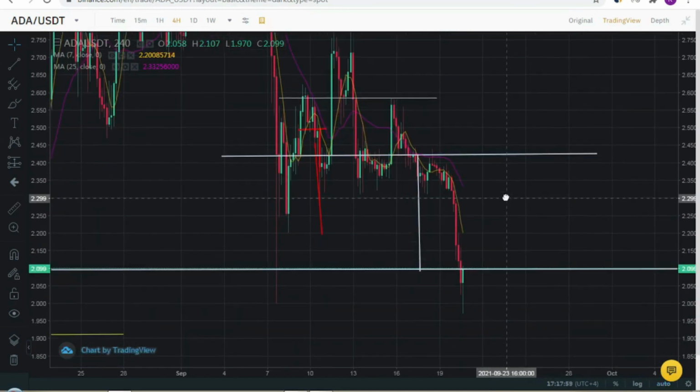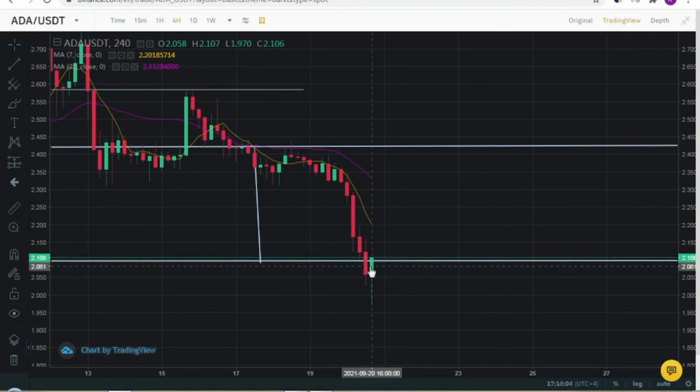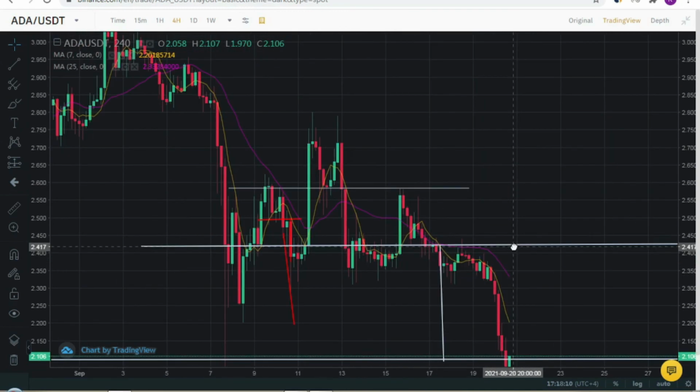So if this candle coming up here now closes above this line, then we are headed for the upside. Remember, this line here was the support of this trend here.